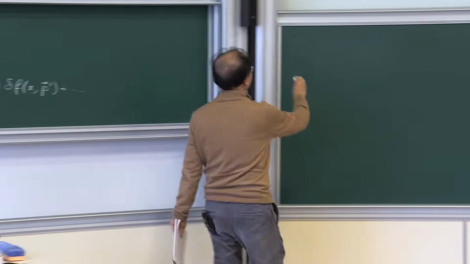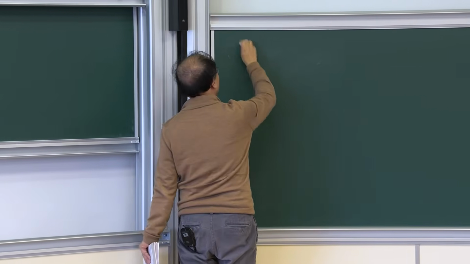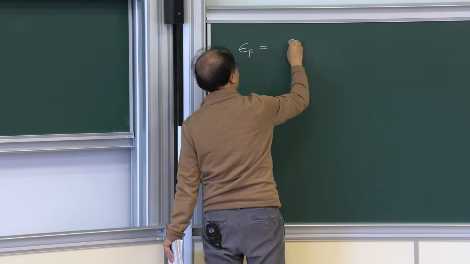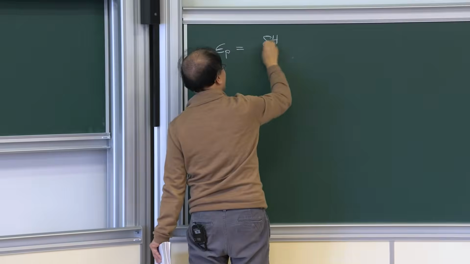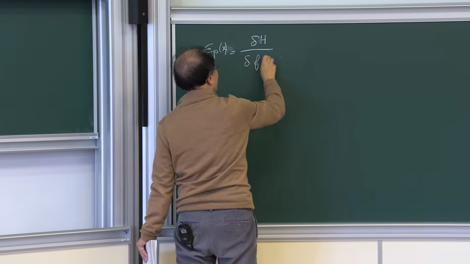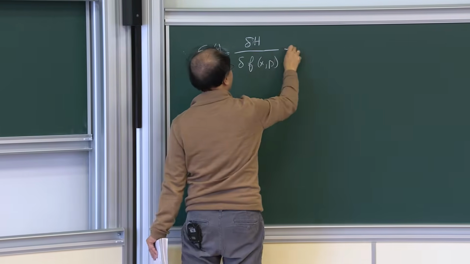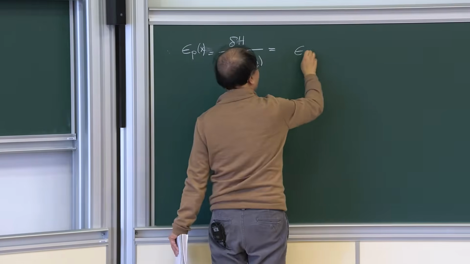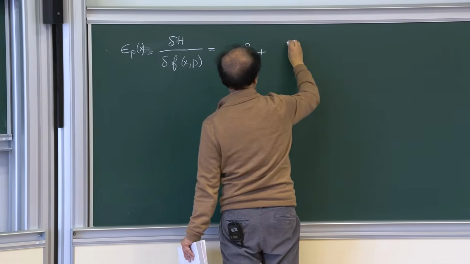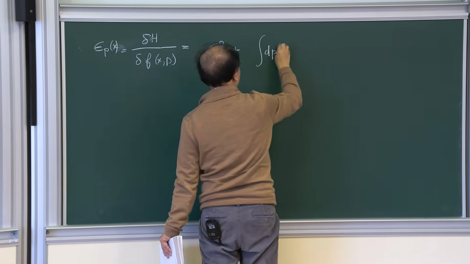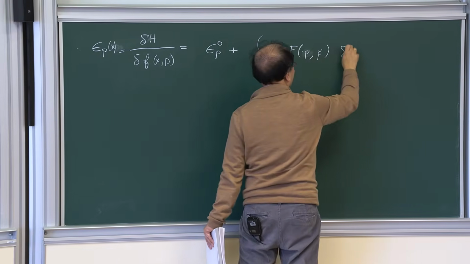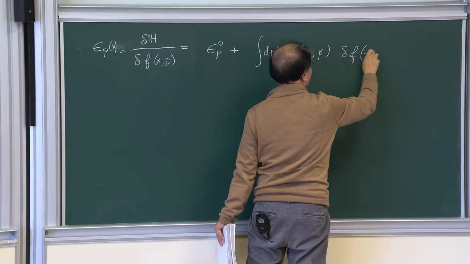Actually, we write the following formula. The energy of this is just another way to write this formula. The energy of a single particle, epsilon over d f x in p, is the energy without the interaction, roughly speaking, plus integral over dp prime f x f p p prime delta f x p prime.